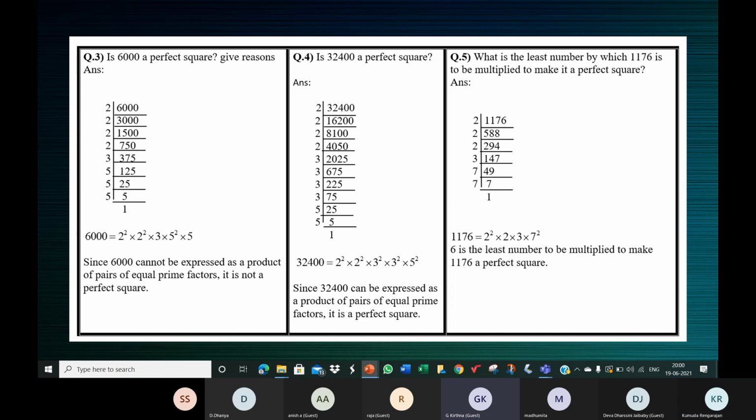Share the picture, I said, on WhatsApp. Ma'am, can I say the answer? No, wait. We'll wait for the others to complete.